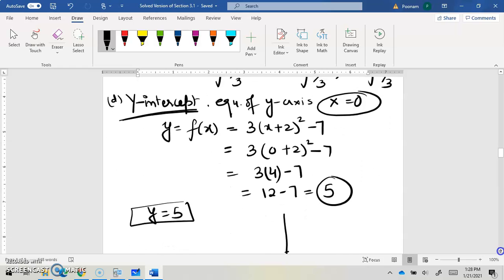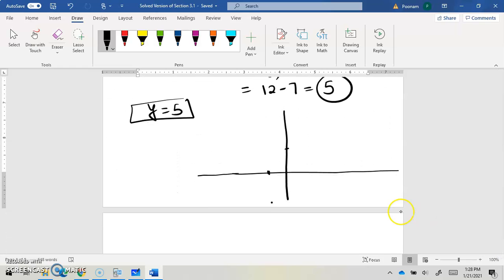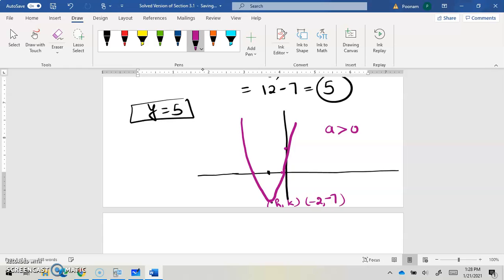So, on the graph, one x-intercept is here and one is somewhere here, and the y-intercept is at 5. So, our graph roughly would be lying somewhere here. It's an upwards parabola because a was positive. The vertex is at this point (h, k), which is negative 2, negative 7.